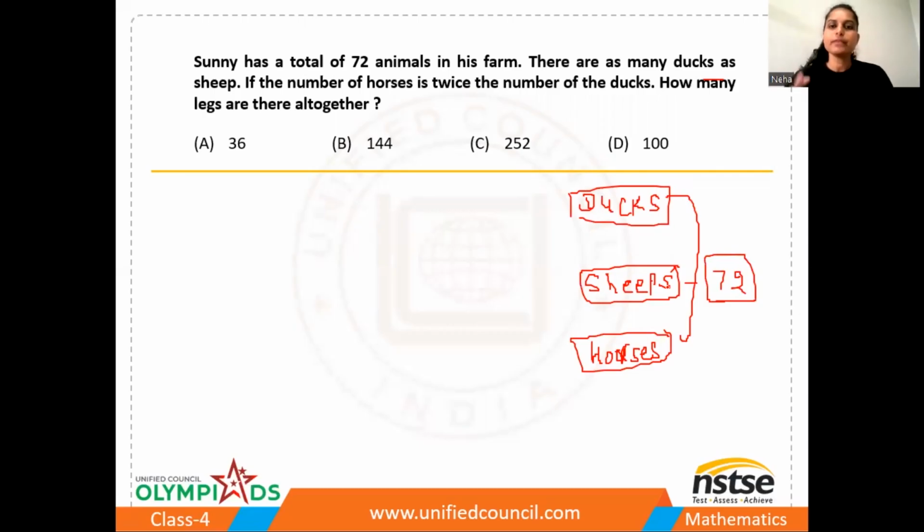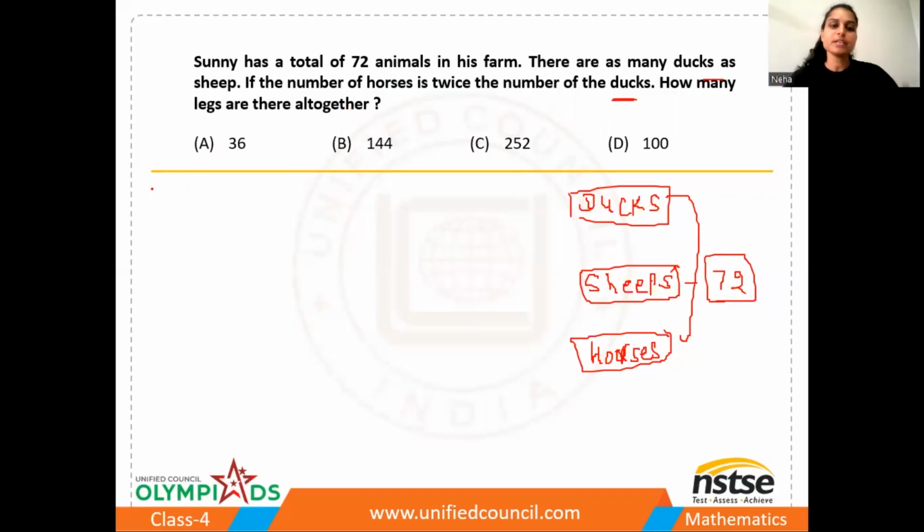So now, they're saying that Sunny has a total of 72 animals in his farm. There are as many ducks as sheep, okay? So the number of ducks and the number of sheep are equal, right? And the number of horses is twice the number of ducks.